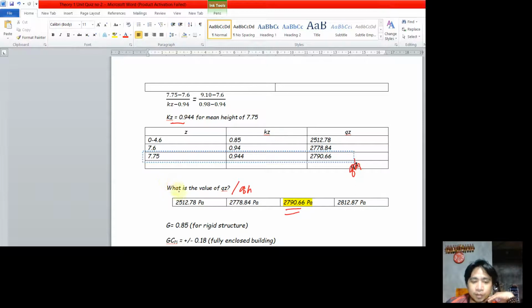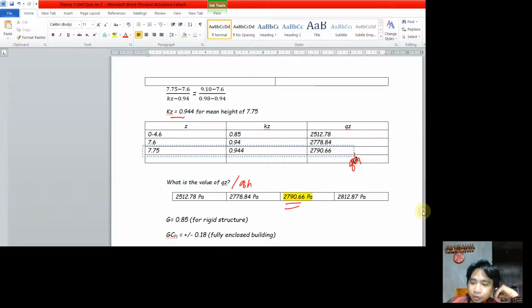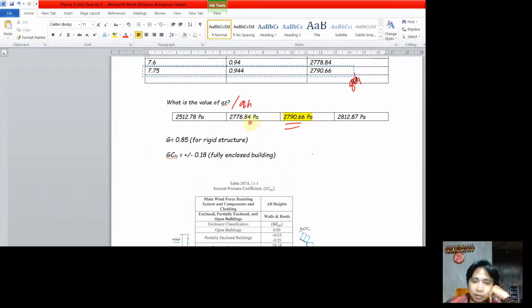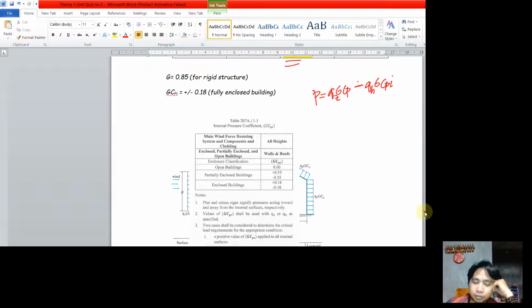And then for the pressure, we will now go back to the formula. P is equal to Q GCp minus Q GCp. I believe this is QH, and this shall be QZ, for the windward wall.